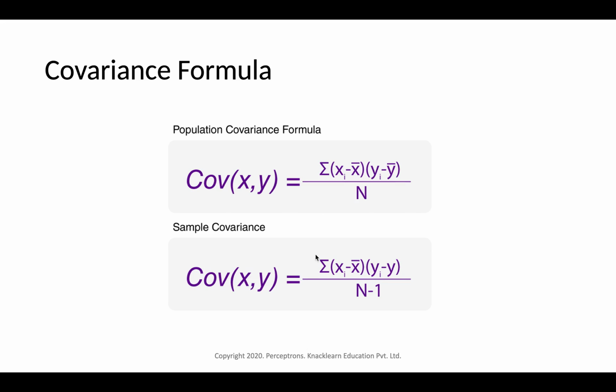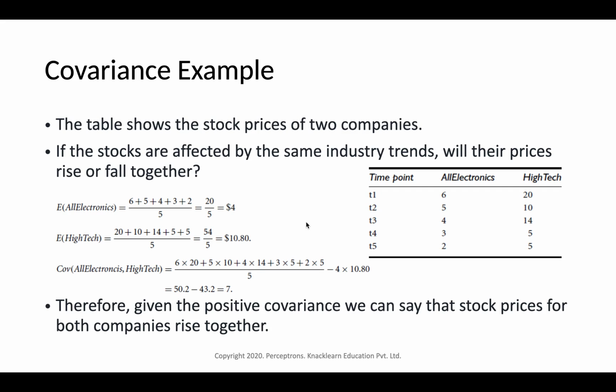Now, to take an example, there is this table which shows the stock price of two companies. One company is All Electronics and the other company is High Tech. Some time points are given; we can say they are month wise. Suppose these values are in dollars.